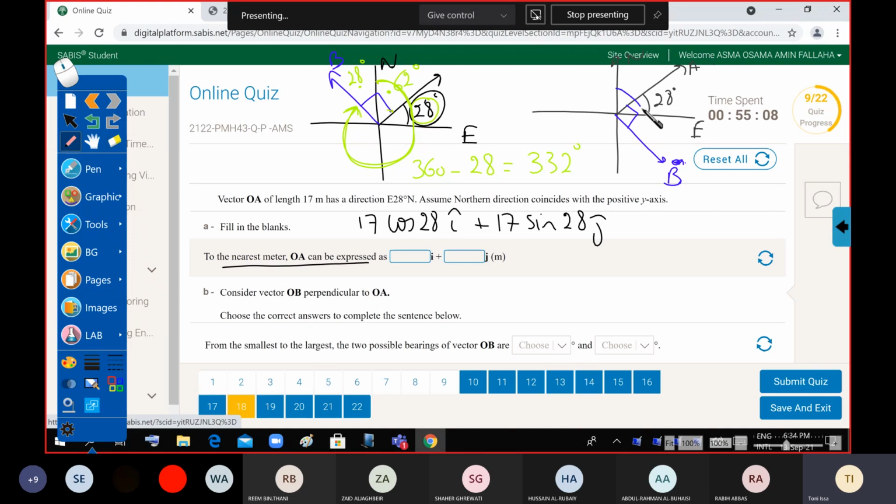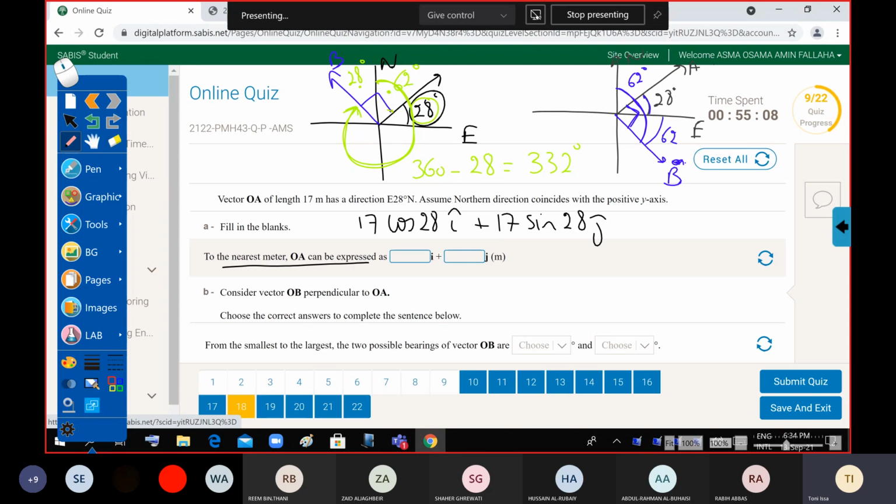And then the bearing will be this. Again, this is 62, and this is 28, this is 90, so 90 minus 28 will be 62.